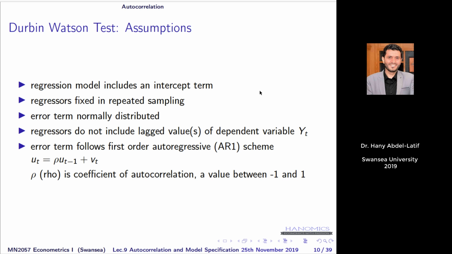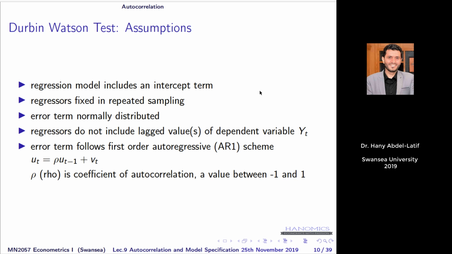And it assumes that your errors have a given structure, which is called autoregressive of first order, or AR(1). What does that mean? It means that the error in time t depends on the error at t minus 1. And that's the equation there: u t equals rho, the correlation coefficient, times u t minus 1, plus another error.